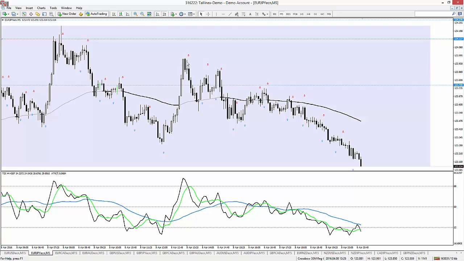Stuff like this. Big engulfer. Pin bar. Big engulfer. We come off the bottom. And at the same time, I like to look at where's the TDI? Coming off the bottom, oversold, confirmation.